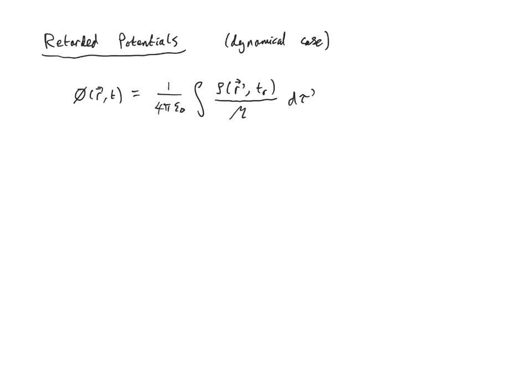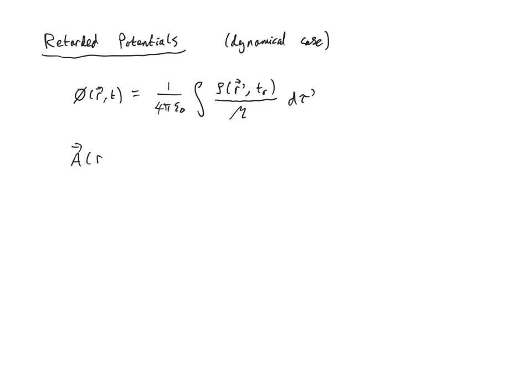However, this looks exactly like the case of the static potential, except I've replaced on the right-hand side of the equation the time t, which appears on the left-hand side of the equation, by something different. I've replaced it by tr. tr is the so-called retarded time. I'll say more about that in a moment.